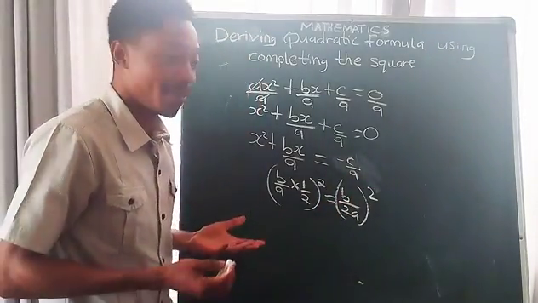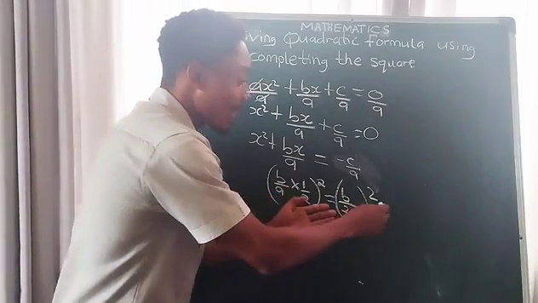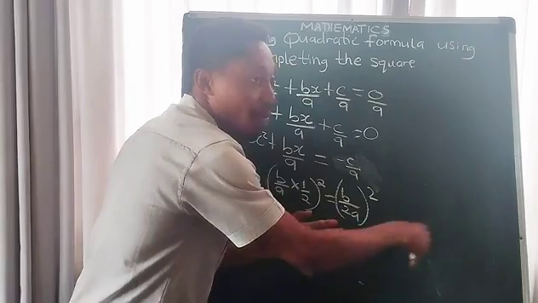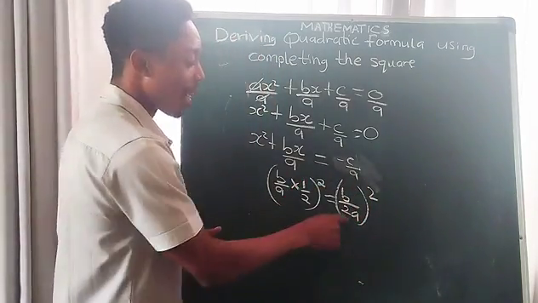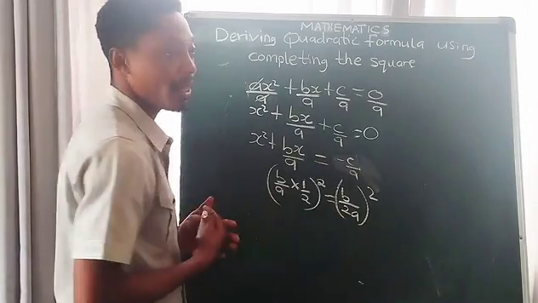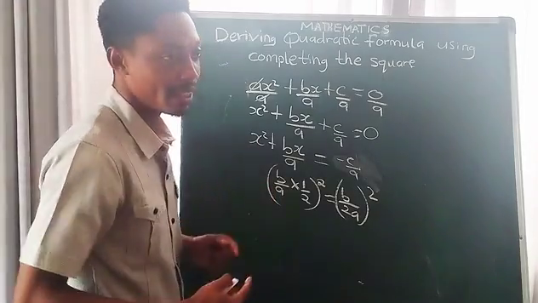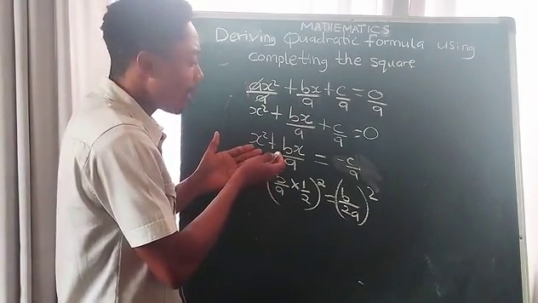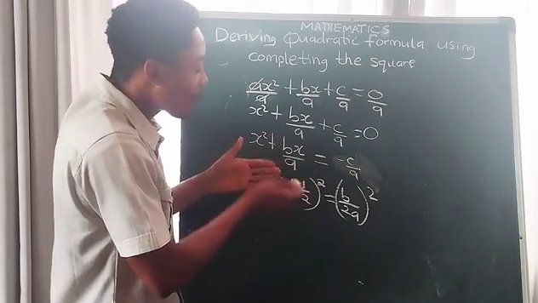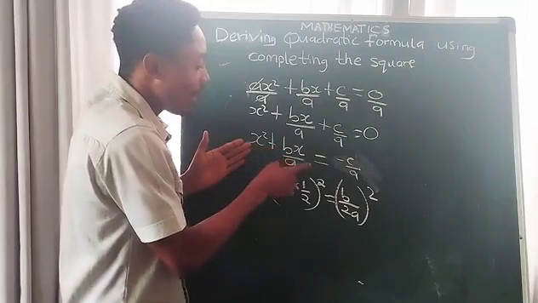We could have simply opened these brackets and had b squared all over 4a squared. But before we open this bracket, we are going to add this result to both sides. It is in adding this result to both sides that makes the left hand side a perfect square, so that we have successfully completed the square.